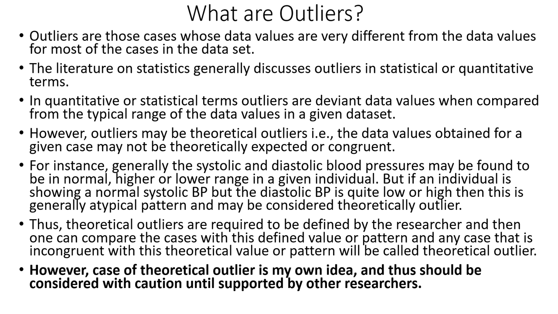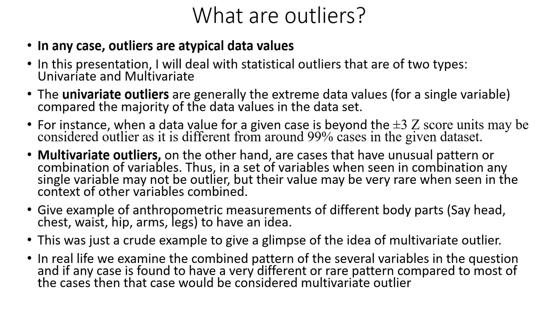And in this presentation, I will discuss the statistical outliers, which have been widely accepted and are practiced in the daily routine of doing statistical analysis. But I thought to share my own idea also, that there is a possibility that theoretical outliers may also exist.